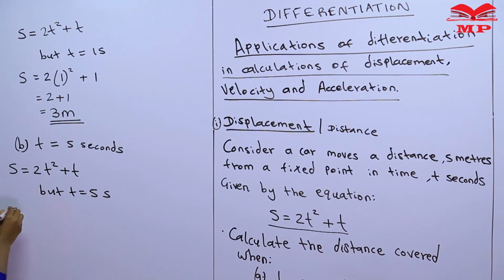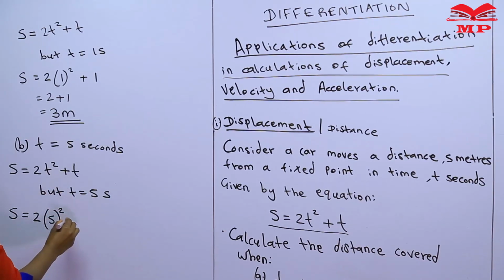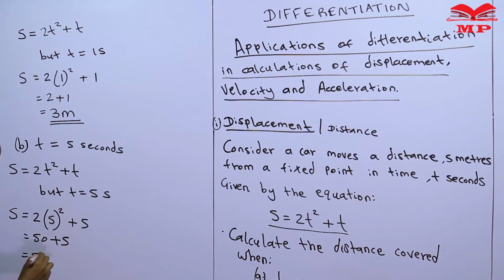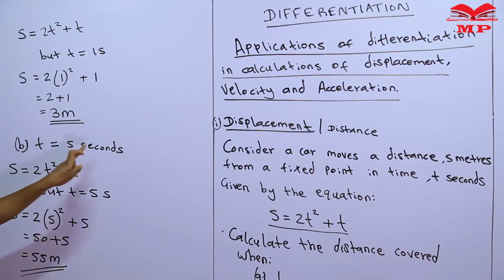So s is equal to 2 into bracket 5 squared, then plus 5. 5 squared is 25, times 2 we have 50, plus 5, we get 55 meters. So that is the distance covered when the time is 5 seconds.